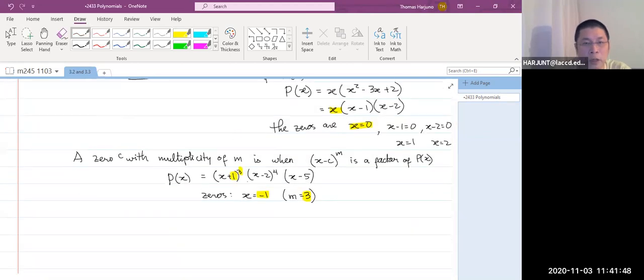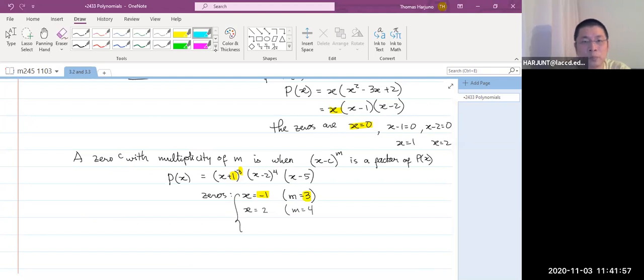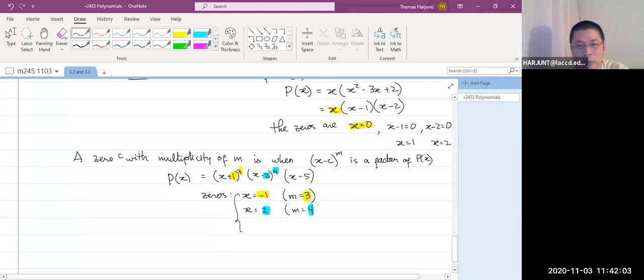And 2 is also a 0 of that polynomial with multiplicity of 4. And then 5 is a 0 with multiplicity of 1. Now, if you get a 0 with multiplicity of 1, we also call that 0 a simple 0.